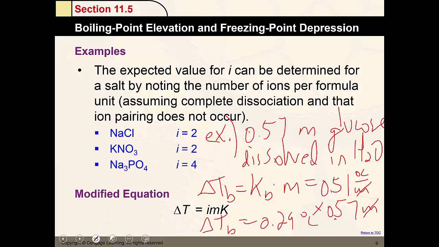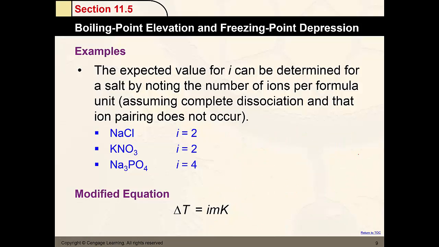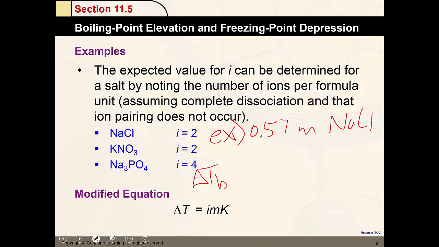100.29 degrees Celsius. And let's say instead it was 0.57 molal solution of NaCl. Now when we're calculating the change in boiling point, we have to take the Van't Hoff factor 2 times Kb times the molality.